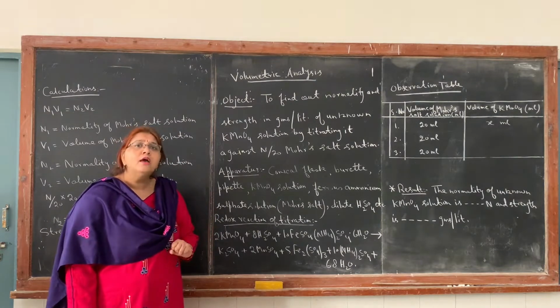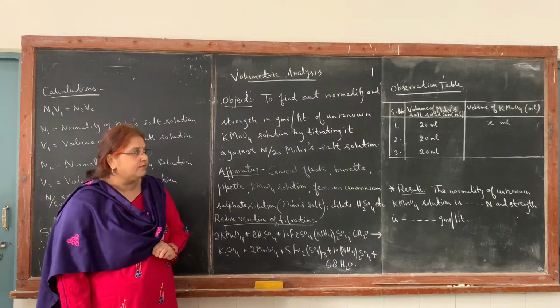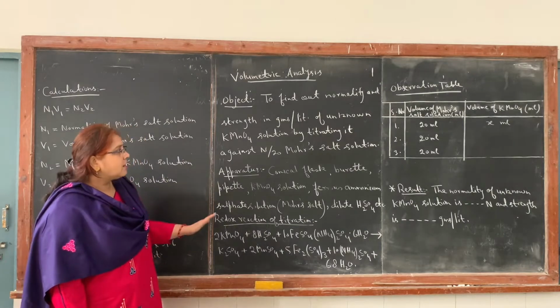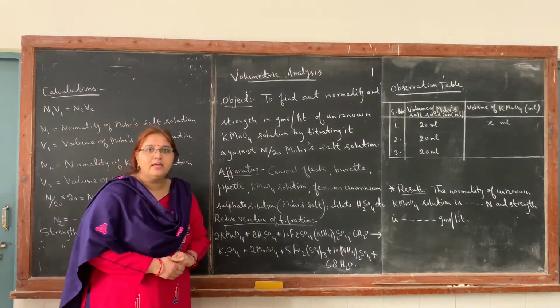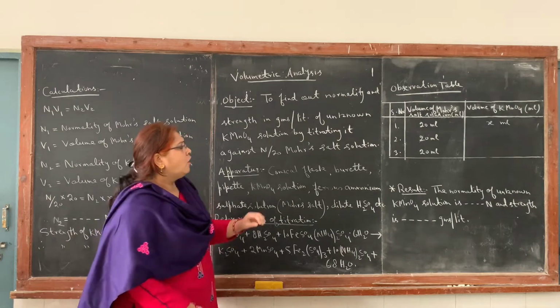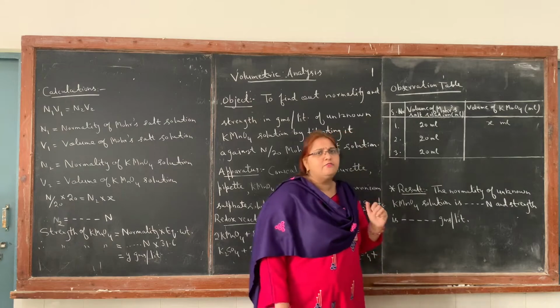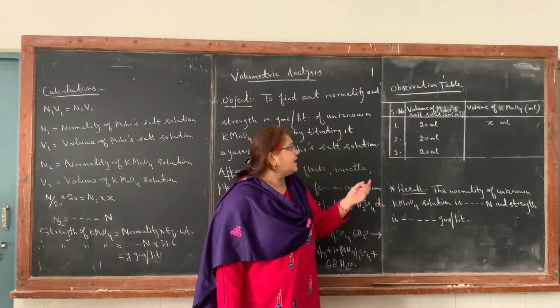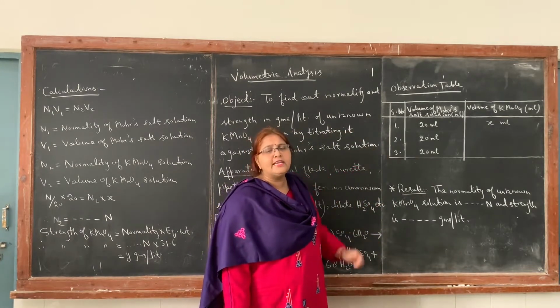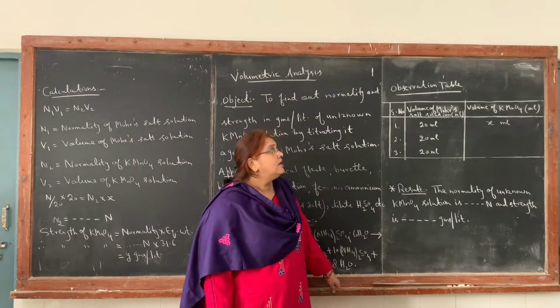What is it known as? Permanganate titration. Now, coming to the observation table. In the observation table, we have to make three columns. The first is just the serial number, as the experiment has to be repeated at least 3 times.